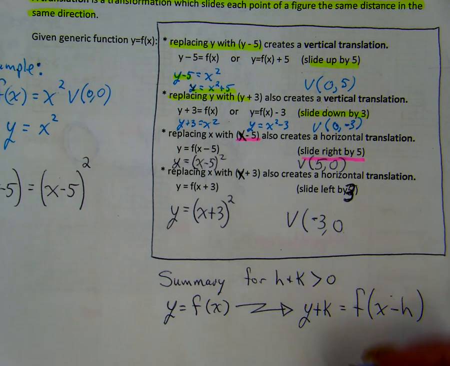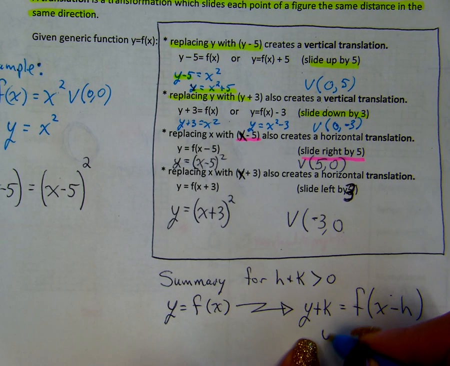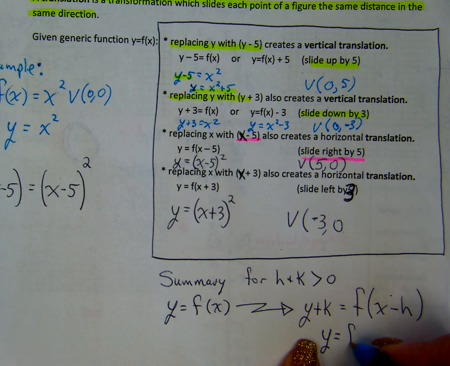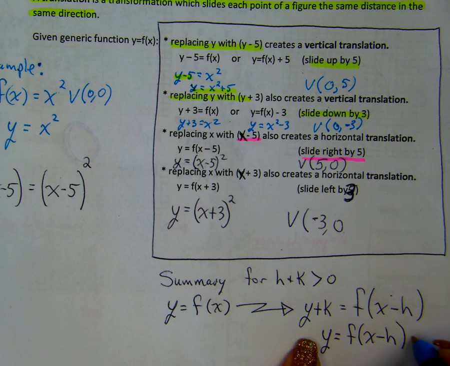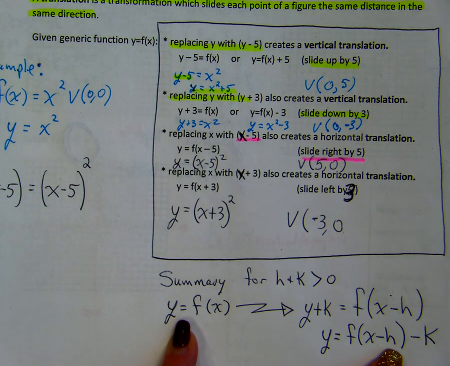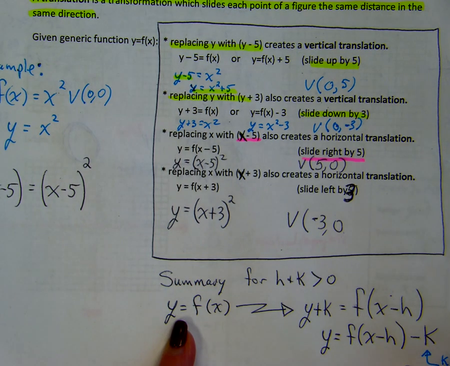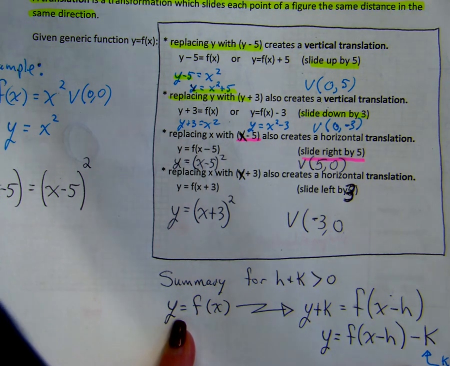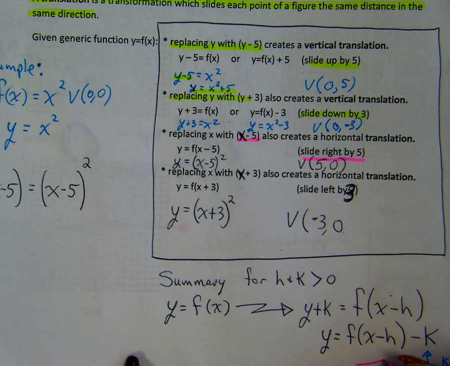Then we could define this explicitly by moving the k over. Then looking at this compared to that, you'll know that this k moved it k units down, and this h moved it h units right.